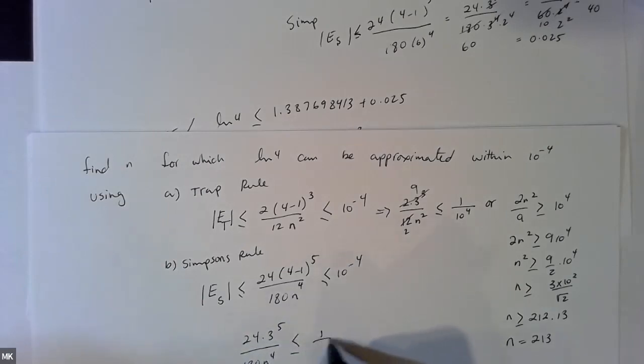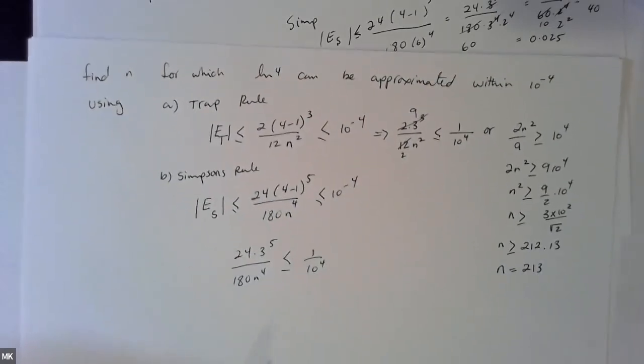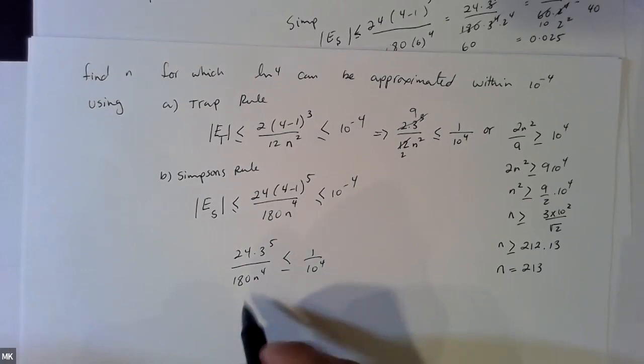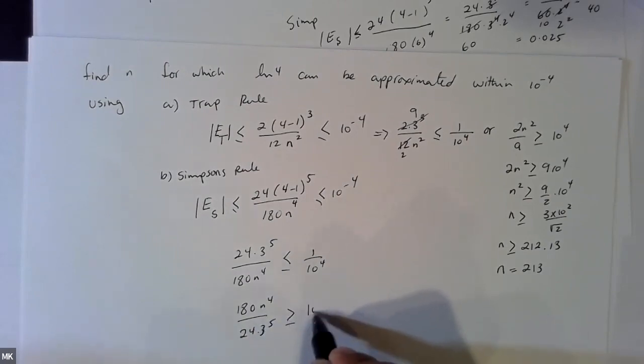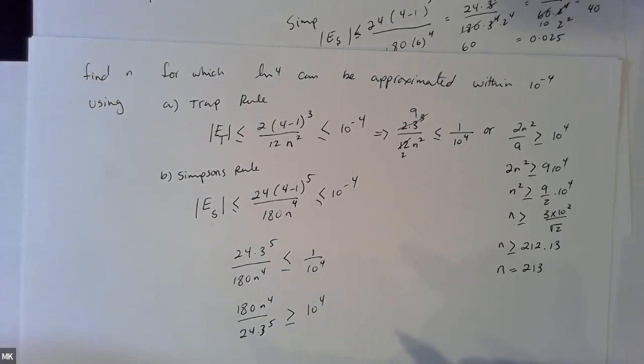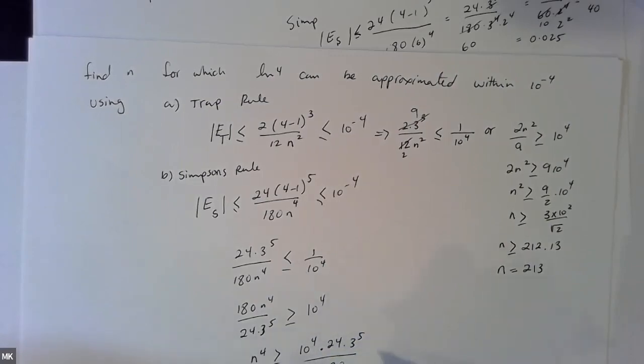For Simpson's rule now, I have 24 times 3 to the 5th over 180 n to the 4 less than or equal to 1 over 10 to the 4. Or 180 n to the 4 over 24 times 3 to the 5th is greater than or equal to 10 to the 4. If I wanted to purely use a calculator for this, I would say n to the 4 is greater than or equal to 10 to the 4 times 24 times 3 to the 5th over 180.